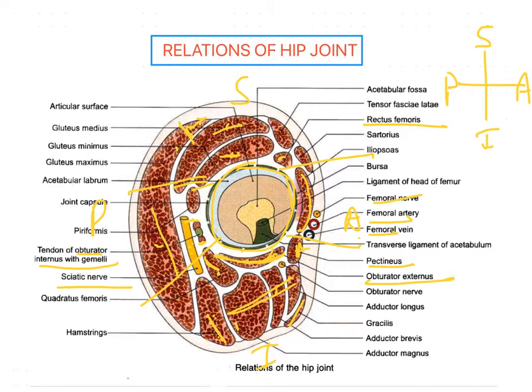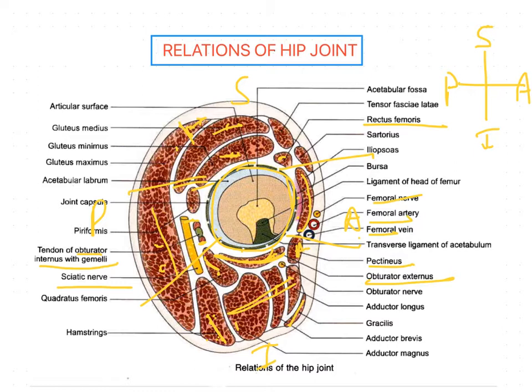And also if you observe the placement of these muscles, the muscles which are related anterior to the hip joint mainly help in flexion and medial rotation. The muscles which are present on the posterior aspect help in extension.